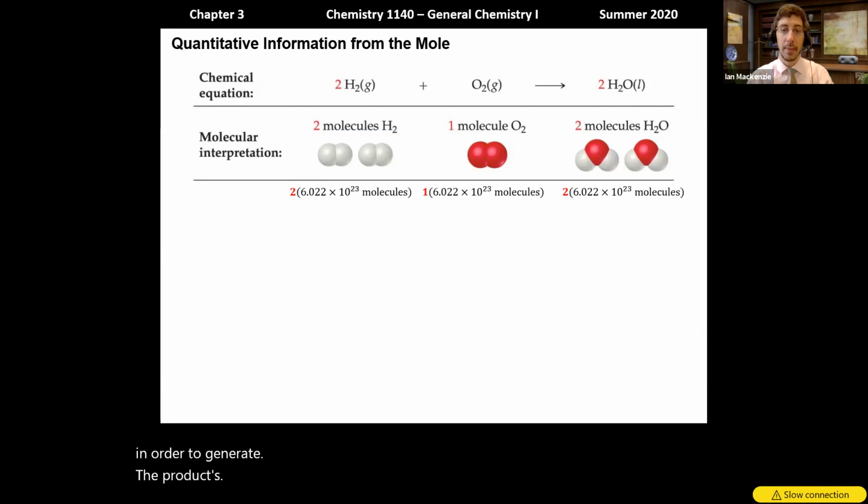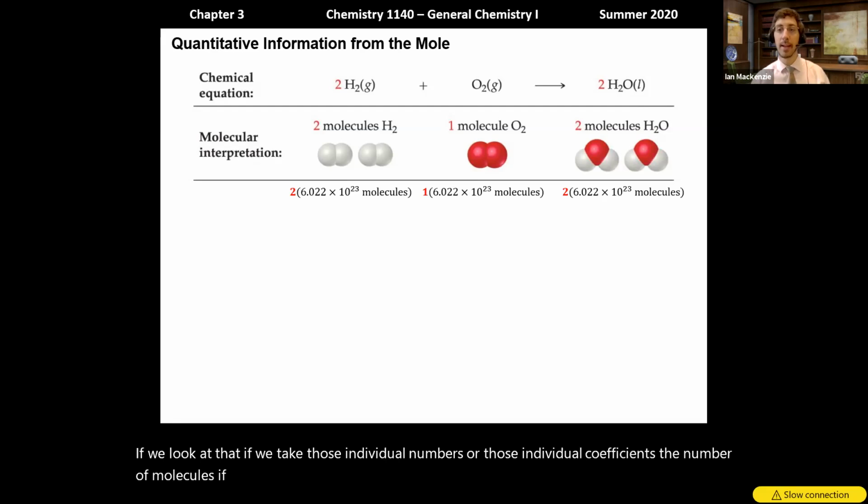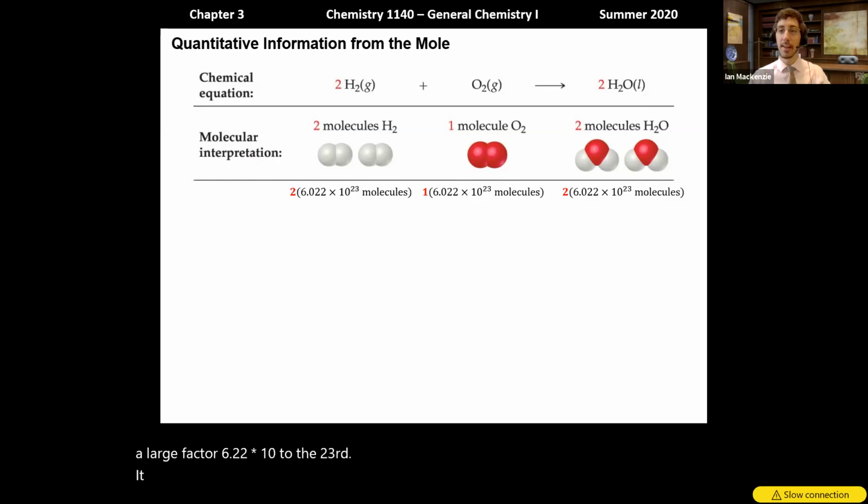If we take those individual coefficients, the number of molecules, and scale them by any factor, let's say a large factor, 6.022 times 10 to the 23rd, it would still function the same. We would still have the same ratio of molecules reacting with each other.